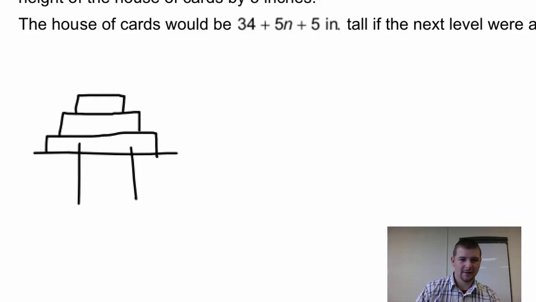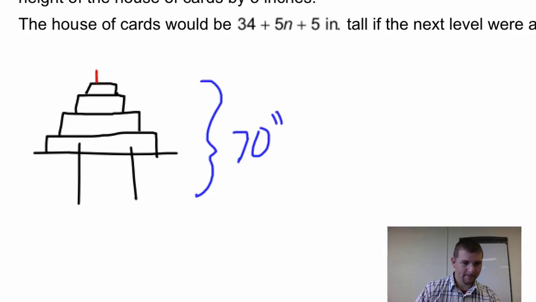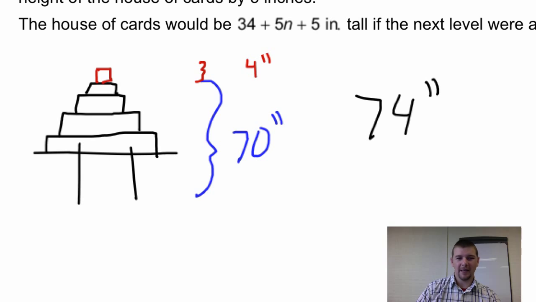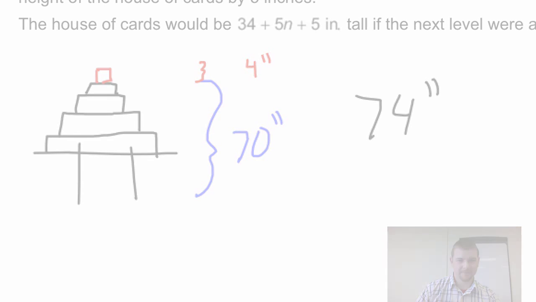Currently, the card house has a height of 70 inches off the ground, and the question is, if an 11th level were added, or one more level were added to the current 10 levels, cards being 4 inches tall, what would the new height be? Well, each card being 4 inches tall means that we would simply add those two, 70 and 4, to arrive at a 74-inch top of the card house.